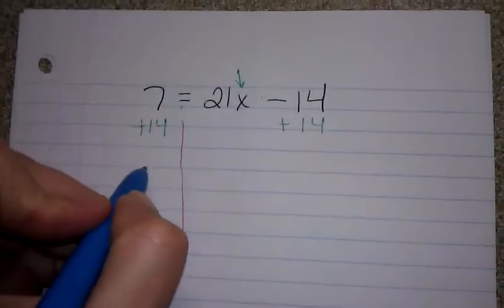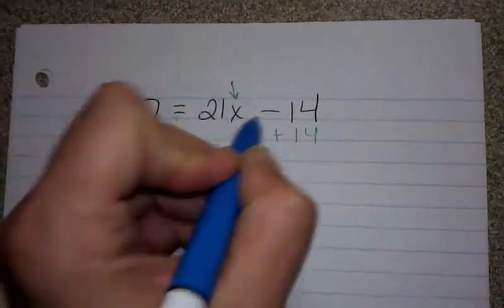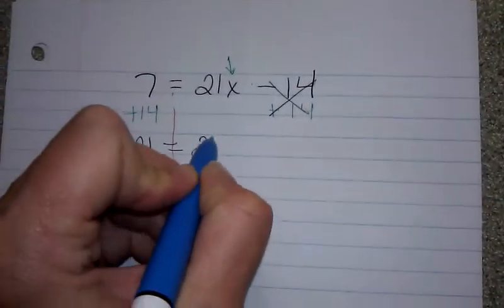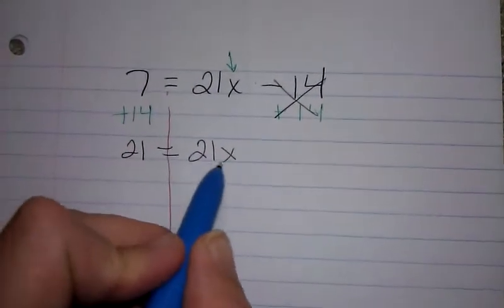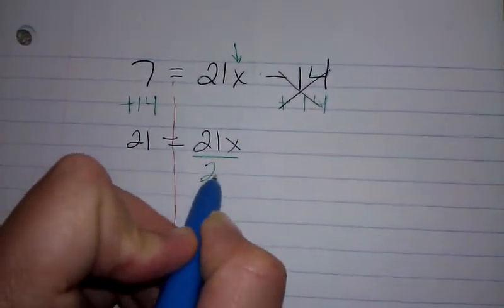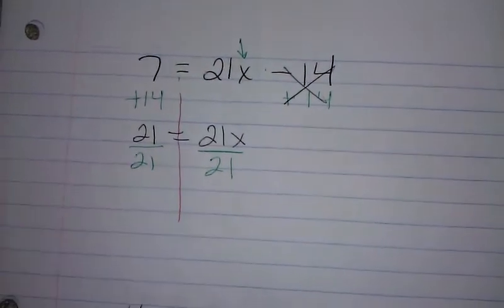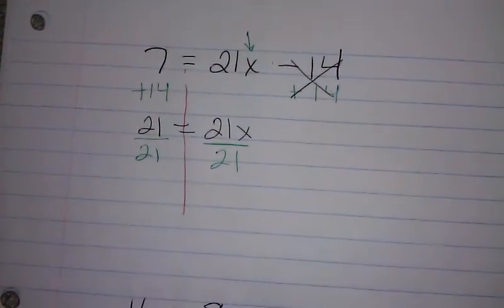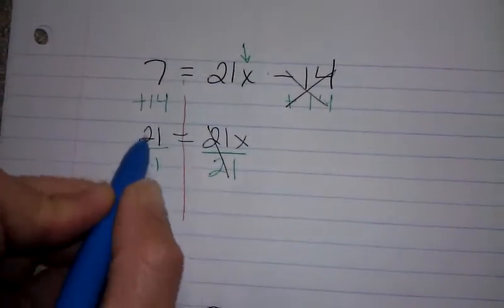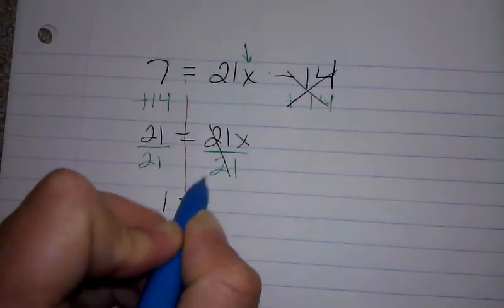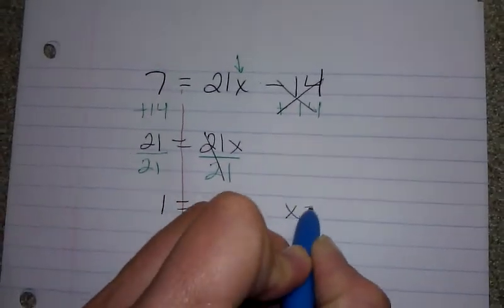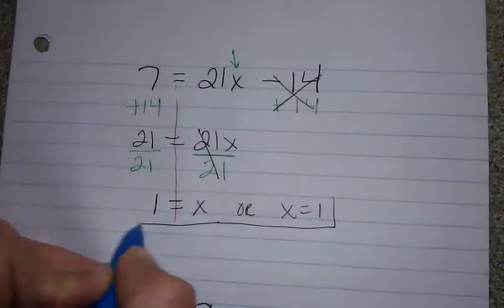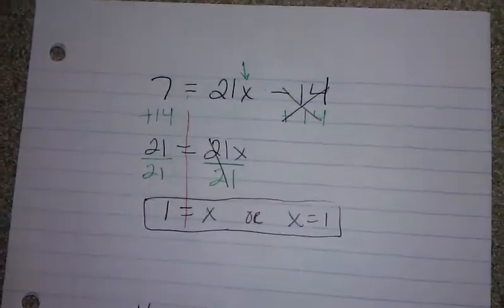And I get 21 equals, these cancel, 21x. 21 times x, the opposite of times is divide. I will divide each side by 21. 21 divided by 21 is 1 equals x. Or you can write it as x equals 1. Either way is correct.